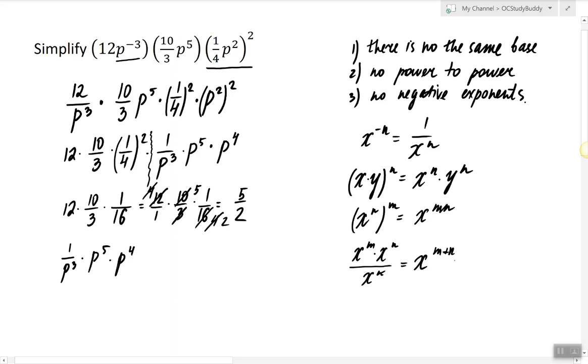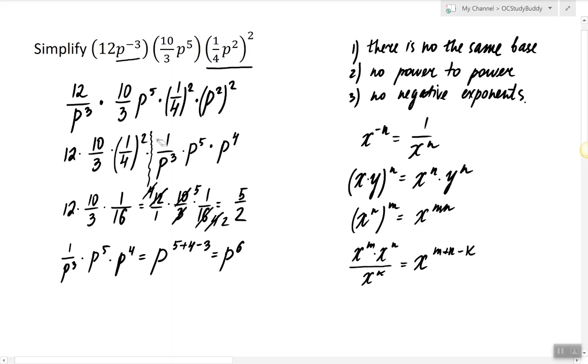When we divide, we subtract the exponents. So 1 over p cubed times p to the 5th times p to the 4th can be written as p to the power 5 plus 4 minus 3, which is p to the 6th.